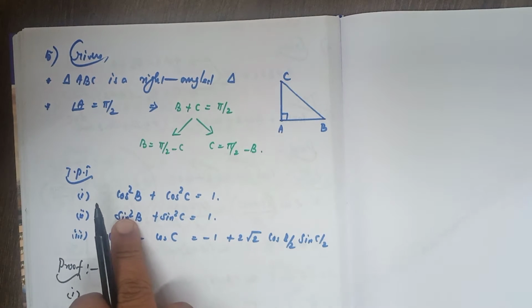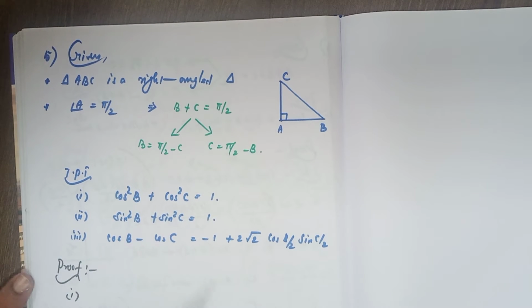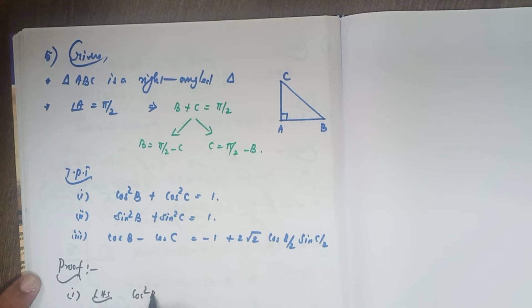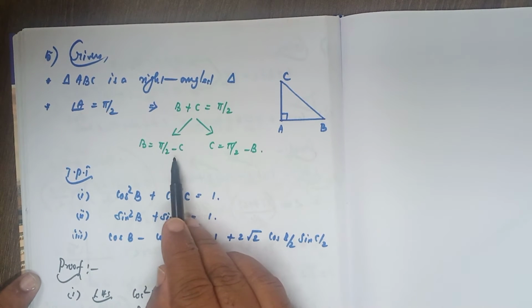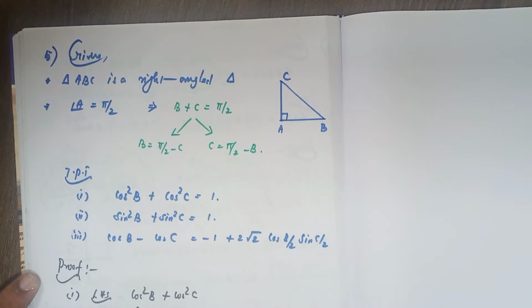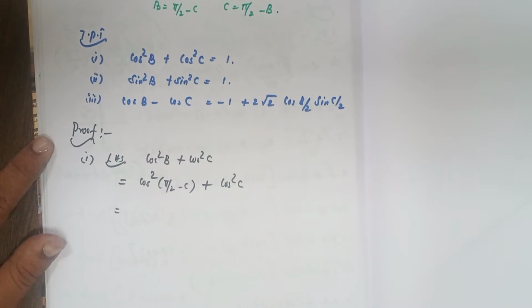Now subdivision number 1, cos squared B plus cos squared C. I take that as LHS. Cos squared, this B can be replaced by 90 minus C. Then cos squared C as it is. Now we can go for that ASTC concept.